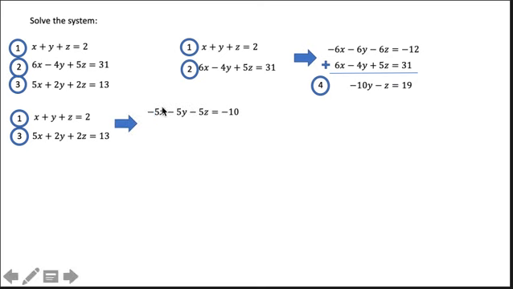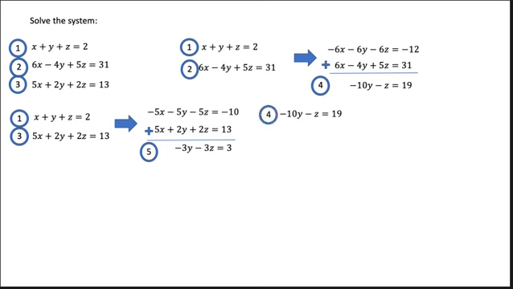So I have -5x minus 5y minus 5z equals -10. I will add these two equations together, and I have -3y minus 3z equals 3. That's equation 5.